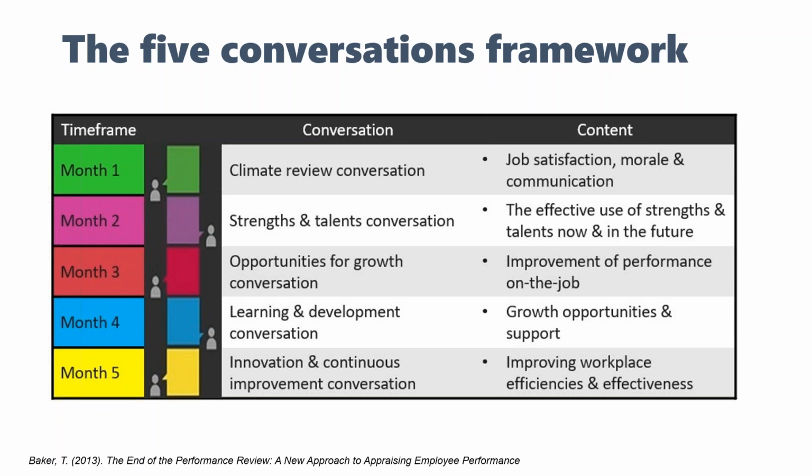So once you've had that conversation, you move on to conversation 2, which is strengths and talents. Now, a strengths and talents conversation is actually focusing on what people are doing right. So what you do is you ask people what they enjoy in their work most of all. All right, now, why do I suggest that?